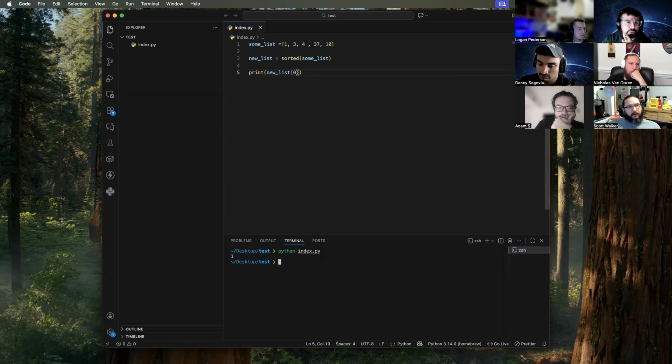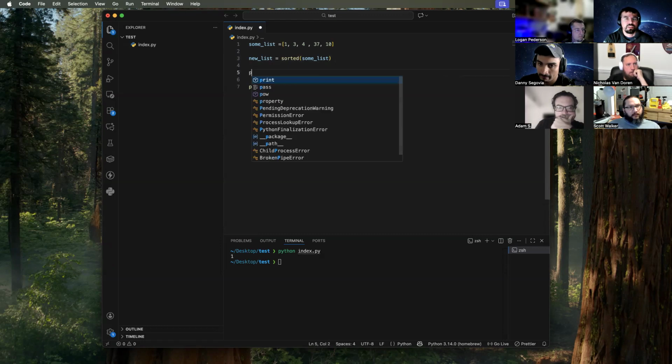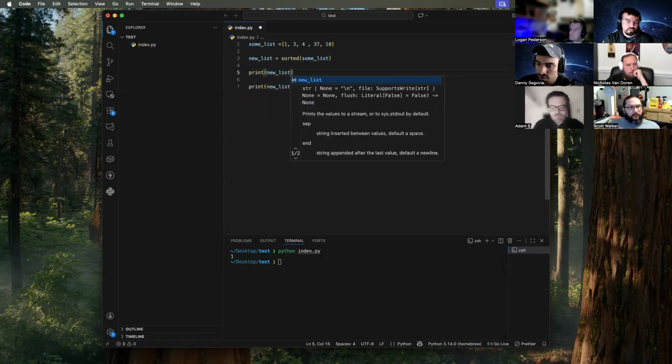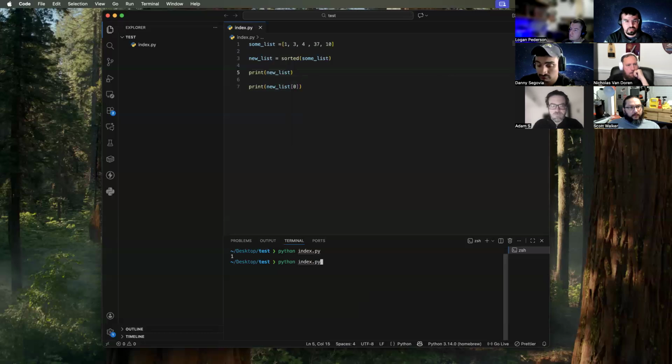Yeah, I got one. If I wanted to get the last element, let's print new list. What is new list? What's happening? It's sorting them in ascending order. In ascending order. What if I wanted to grab the last element?